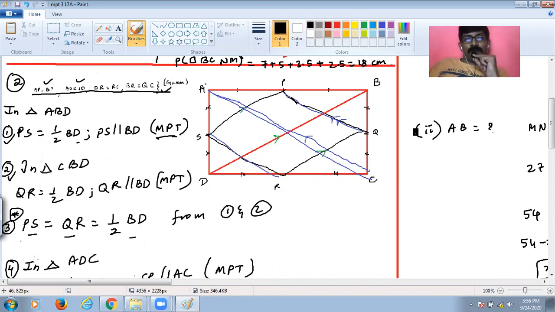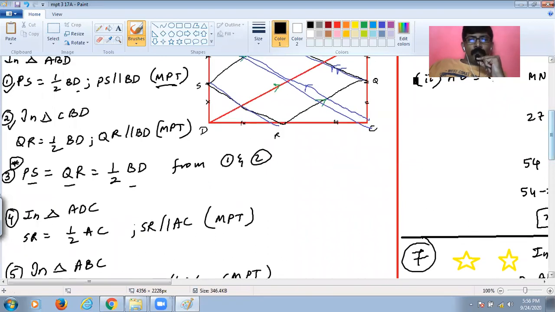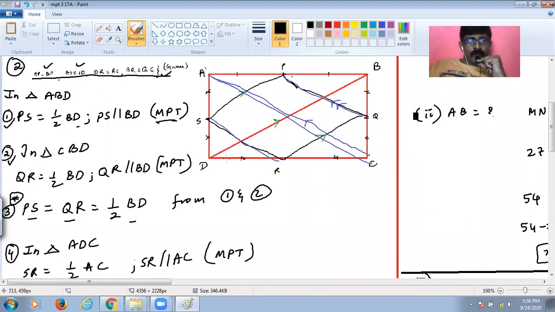नाउ स्टेटमेंट नंबर 4 में ये वाला ट्रायंगल ले लेंगे BAC, देखो ये ऊपर वाला ट्रायंगल, यू गॉट इट। BAC में देखो यहां पर क्या प्रूव कर सकते हैं, PQ is half of AC and parallel to AC. Why? Because midpoint theorem, and then उसके बाद triangle लेंगे ADC.